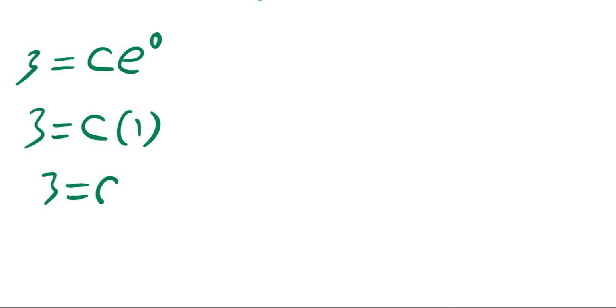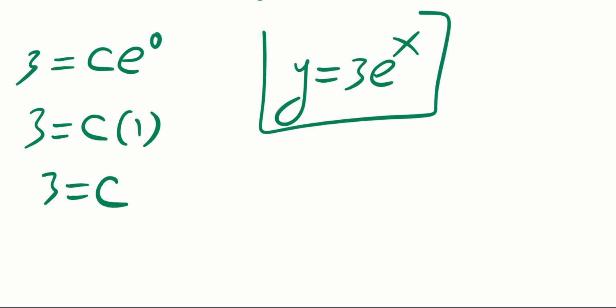And then the resulting function value should be 3. So this would give us 3 equals c times e to the 0, which is 1, or 3 equals c. So this particular solution in this case would be y equals 3 e to the x.